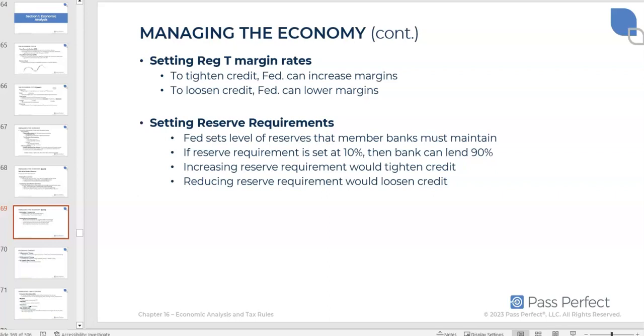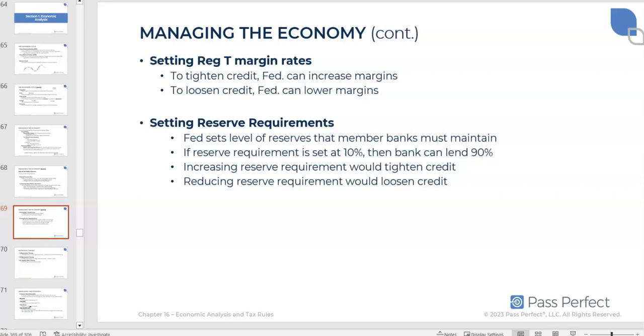Basically the down payment that they have to make in a margin account, which is currently set at 50%. Regulation T says you basically have to make a 50% down payment and can borrow the other 50% from a broker dealer if they have a margin account. Now the Federal Reserve has the authority to change that either up or down, but they never do. In fact, they haven't since like 1974.